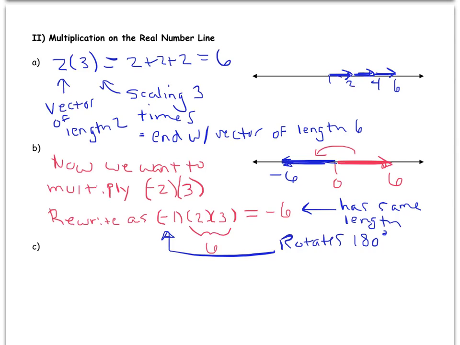As a final example, we're not going to do the geometry, but think about negative 2 times negative 3.